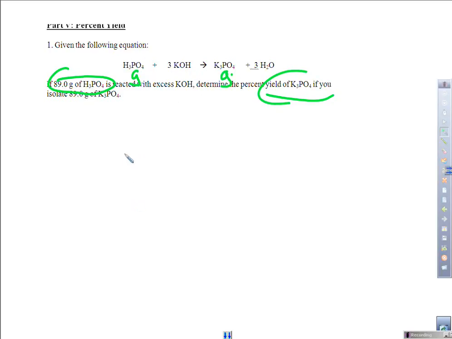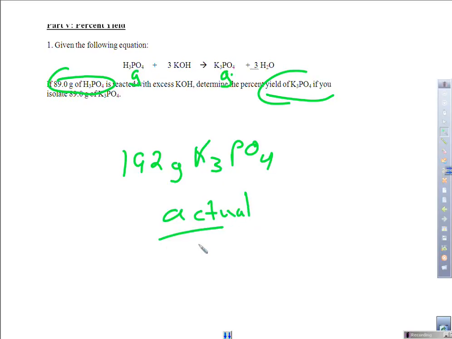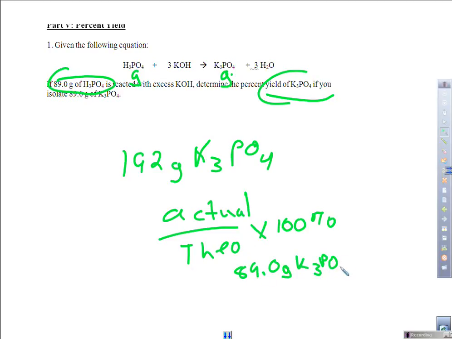Whenever you do that gram-to-gram problem, you end up getting 192 grams of K3PO4. So now with percent yield, it's actual divided by theoretical times 100%. Our actual yield is 89.0 grams K3PO4, and we know that because it tells us that in the problem right here.